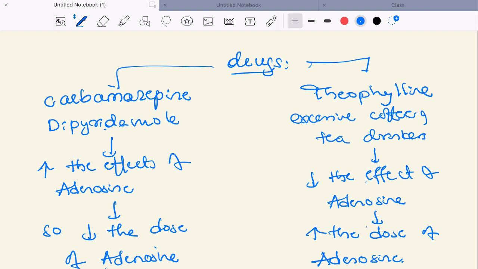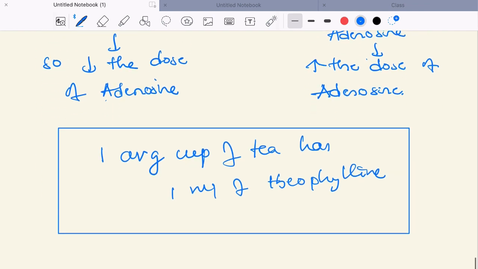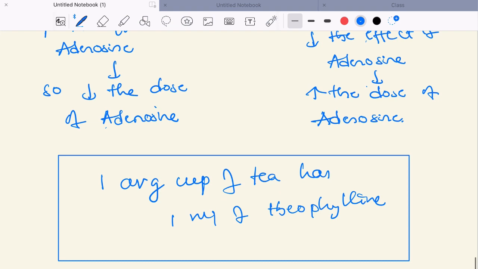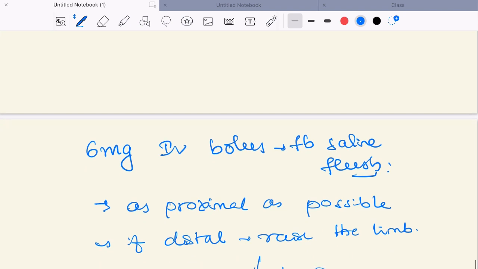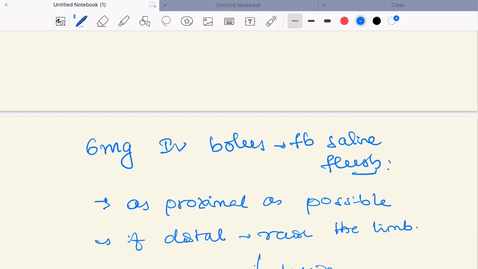One extra point to remember is that one average cup of tea has 1 mg of theophylline. This is just extra information. Next, how much dose of adenosine has to be given? First you start with a 6 mg IV bolus as rapidly as possible, followed by a 10 to 20 ml saline flush.